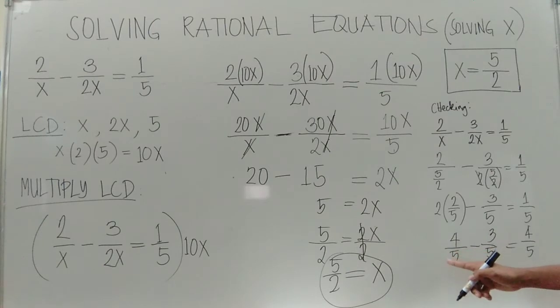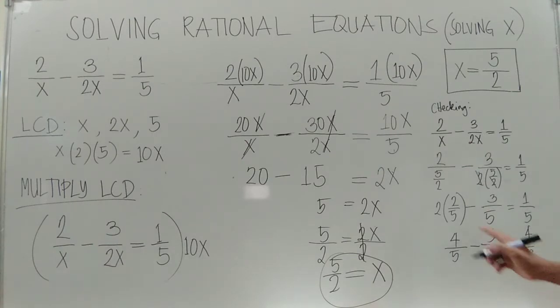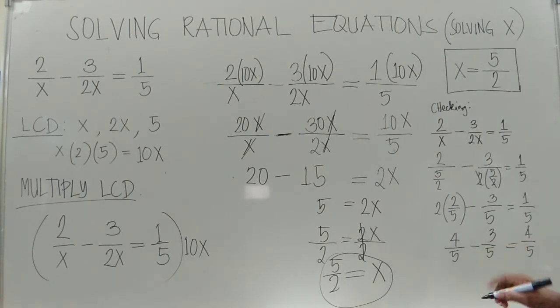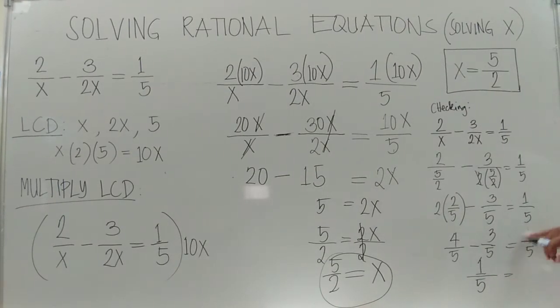Then we can subtract right away because 4/5 and 3/5 are similar fractions, with the same denominator. So 4 minus 3 is 1, and you copy your denominator 5. So this is 1/5.